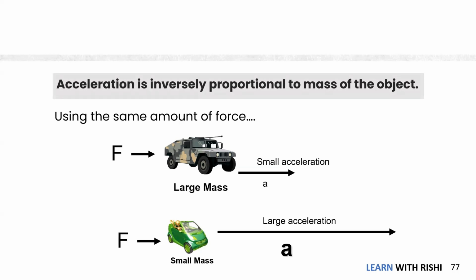In the second case, with the same force, the mass of the vehicle is small, so it will have a large acceleration. So acceleration and mass are inversely proportional. Force and mass are directly proportional. Force and acceleration are directly proportional. So larger the mass, smaller the acceleration. Smaller the mass, larger the acceleration. I hope you got this.